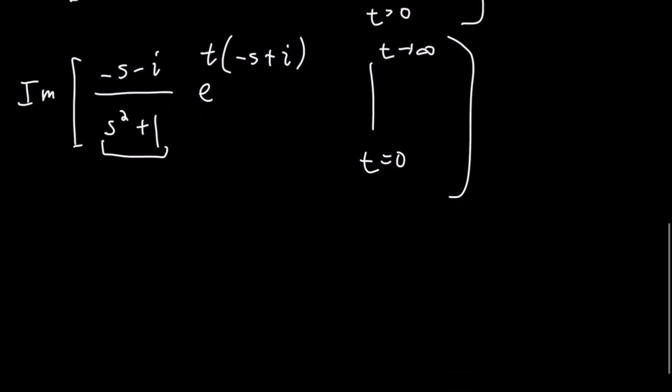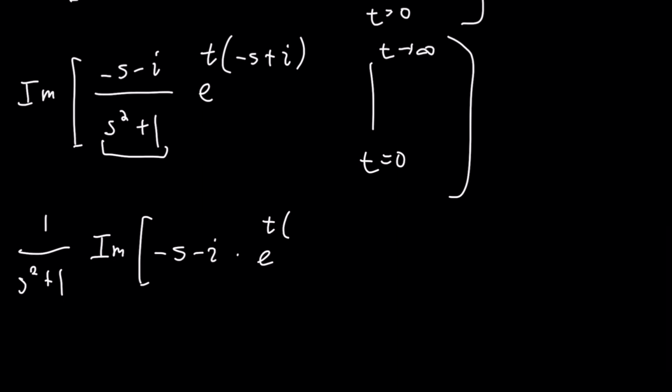And this is just a real number, so this is 1 over s squared plus 1, times the imaginary part of negative s minus i times e to the t times negative s plus i. We evaluate this from t equals 0 to t approaches infinity.